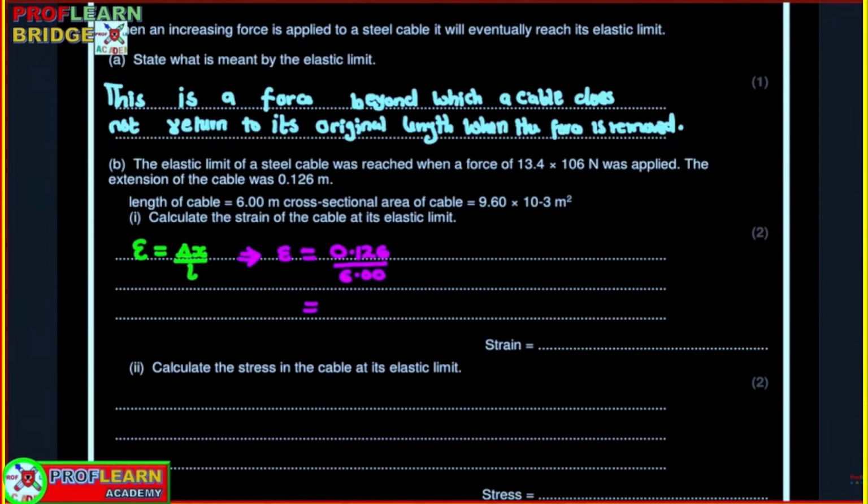Working it out, we get 0.021. Remember, strain has no units, it's dimensionless, because it's a ratio between two lengths. Sometimes it can be given as a ratio, expressed as a decimal, and sometimes it can be given as a percentage. So we can say our strain is 0.021.